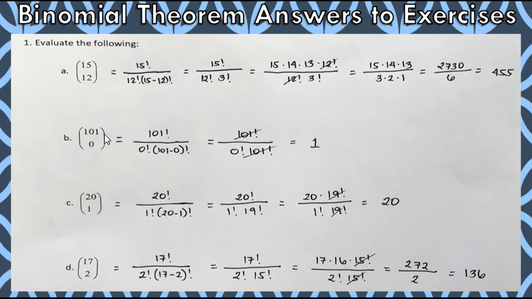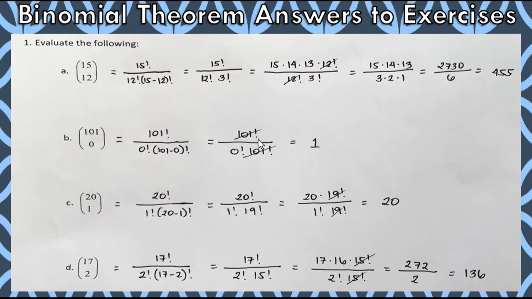Okay, next. We have here 101 taken 0 at a time. Here 101 is N and R is 0. So, using the formula N factorial over R factorial times N minus R factorial, we have 101 factorial over 0 factorial times 101 minus 0 factorial.